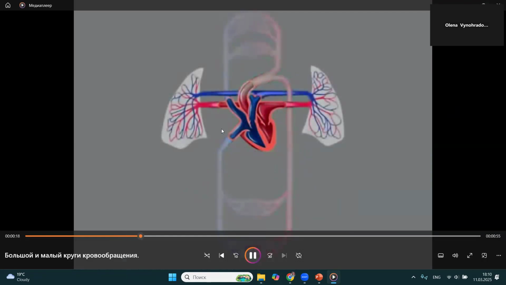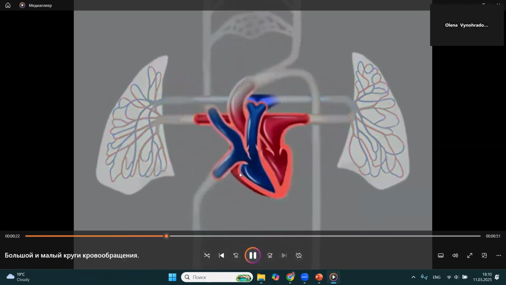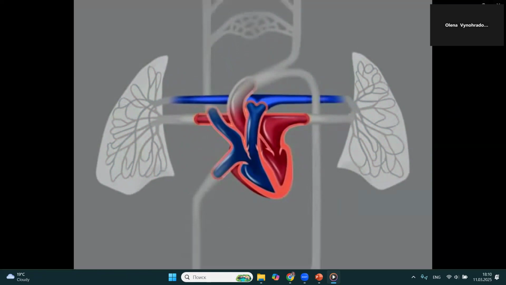The large one, or visceral, and the pulmonary one. By the pulmonary circle, blood without oxygen but with carbon dioxide reaches our lungs.